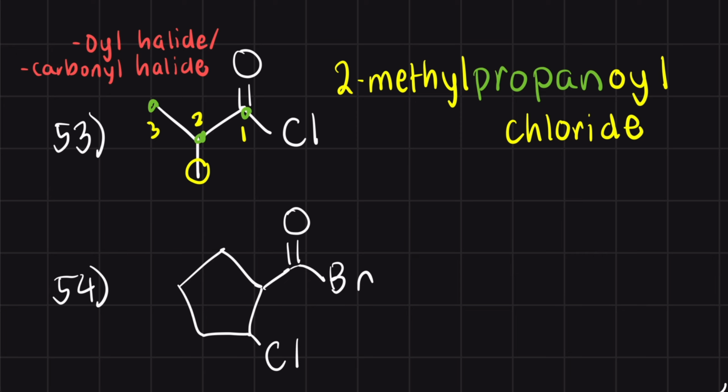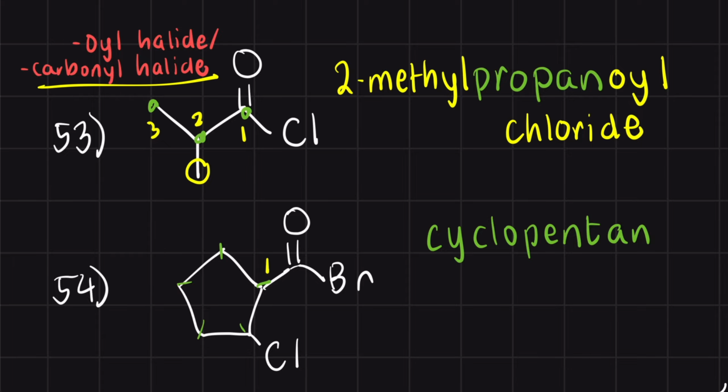For 54, we have here a cyclic parent. Of course, the priority group is this carbonyl bromide. So we're going to have to write the parent first. 5 carbons in a ring, so that's going to be cyclopent. And then all single bonds, so AN. And then you now put the real suffix, which is this.